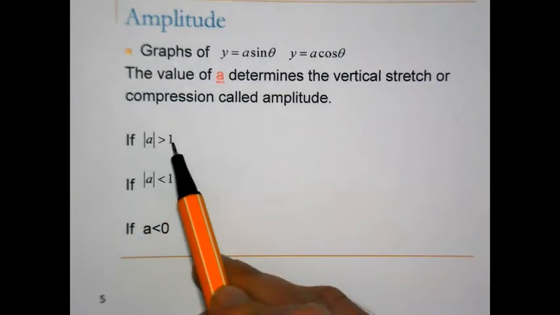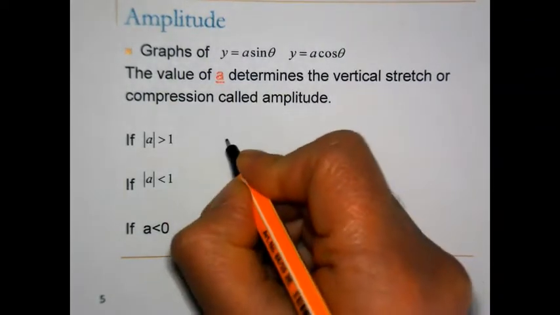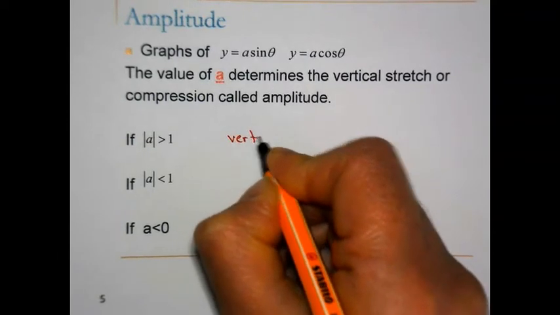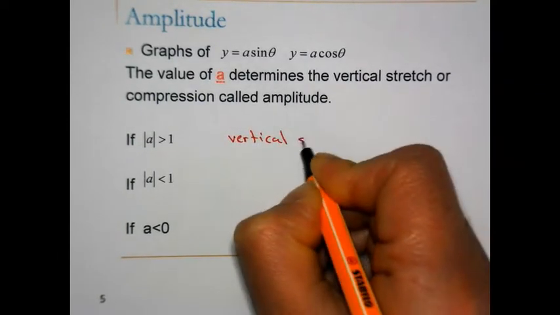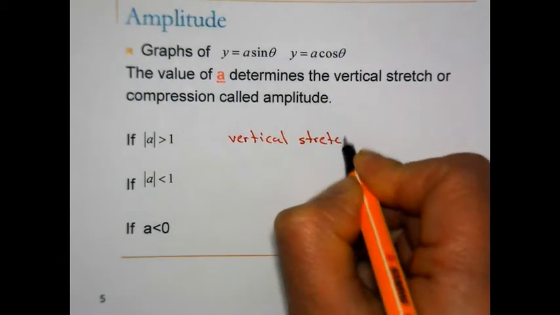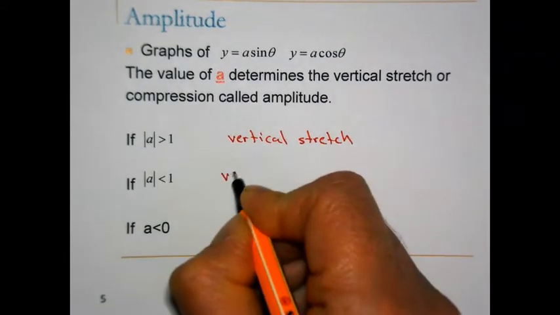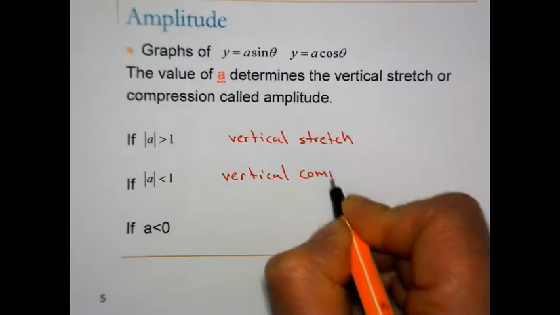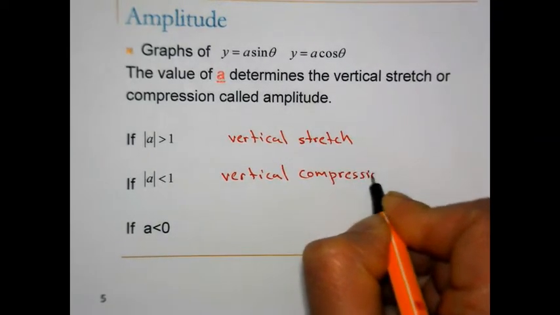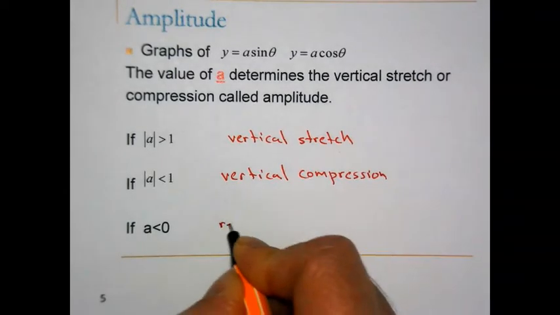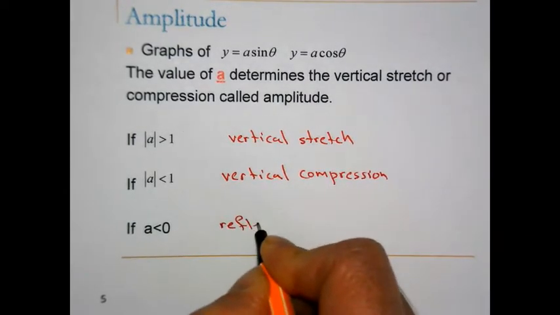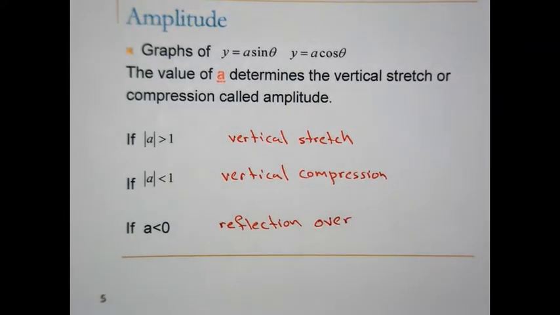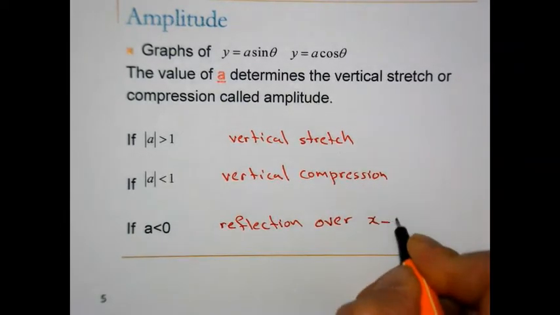If this number is greater than 1, we are going to have a stretch. If it's less than 1, we are going to have a vertical compression. And if negative, we will have a reflection over the x-axis.